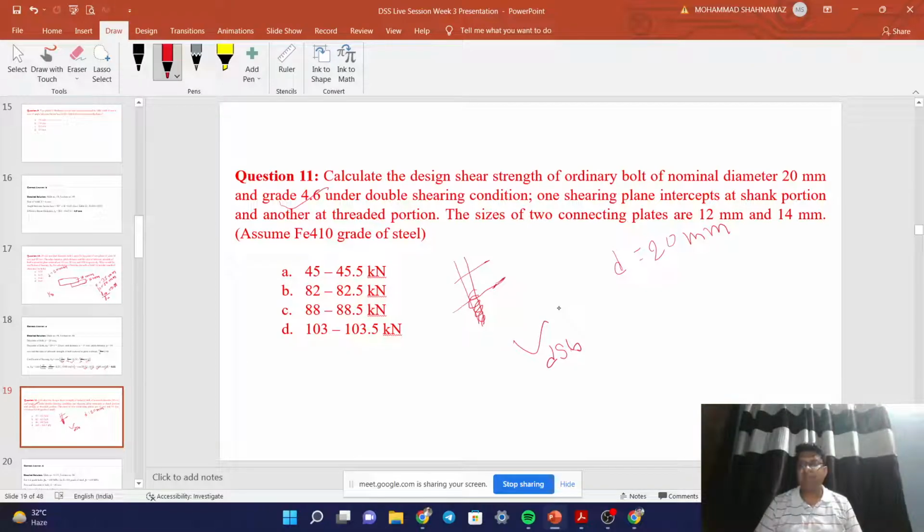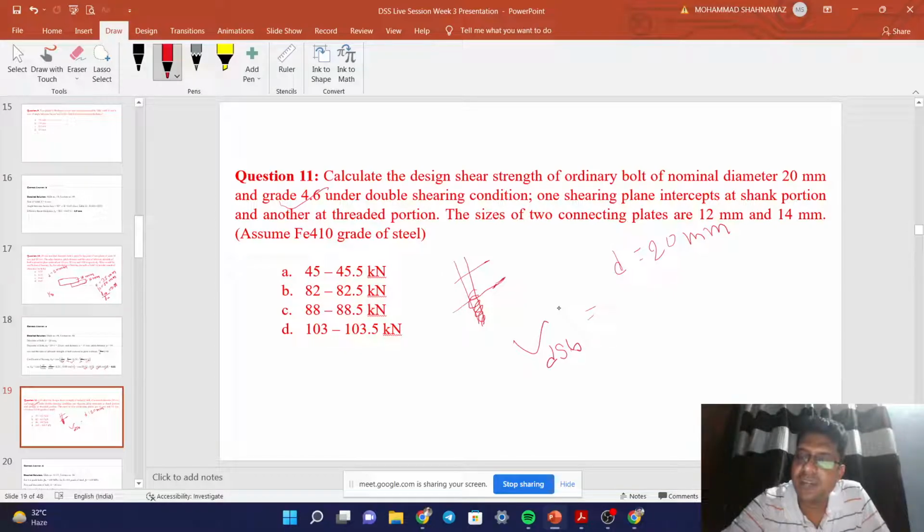Take 1 minute time and calculate. This is the shear strength.